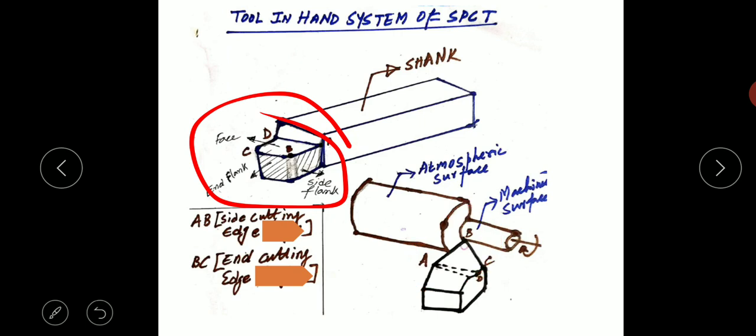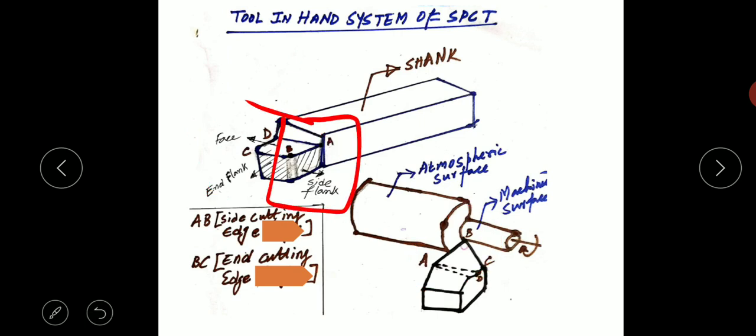So if the whole side flank comes in contact with the workpiece, what will happen? The rubbing or friction action will be more. More heat will be produced, so we will not have efficient machining. In order to reduce this, we give a certain inclination to that side flank by means of a grinding operation.